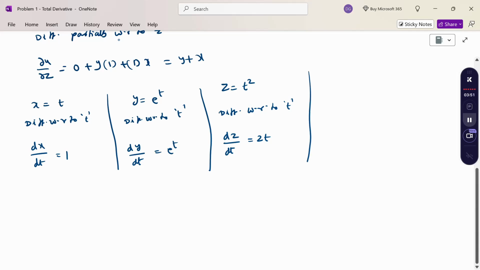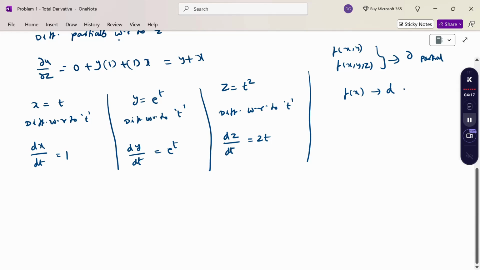As I mentioned earlier, when a function is of x, y, z, with two or more variables involved, we use the partial derivative symbol dou. When only one variable is involved, the function depends on only x, we use the ordinary derivative d. This is the partial derivative, and this is the ordinary derivative.